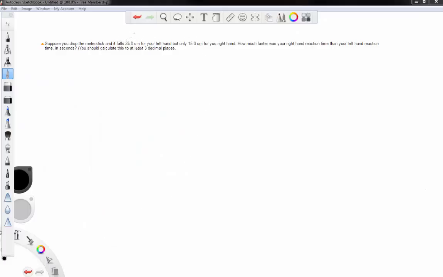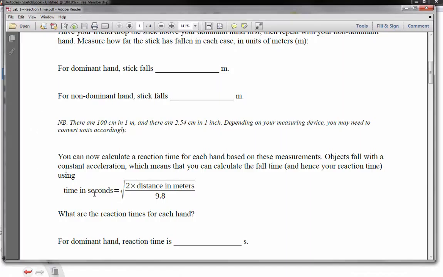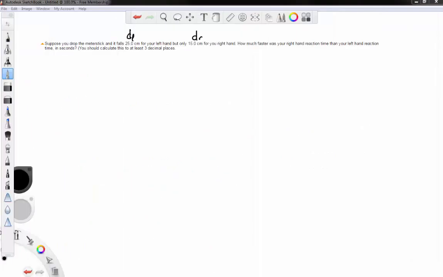All right, so I'm going to begin by giving labels to stuff. I'm going to call this the distance that it falls for the left hand, so dl. I'm going to call this the distance that it falls for the right hand, dr. And what we want is how much faster your right hand is than your left hand. So again, if we use the time formula that's given in your handout, time in seconds is the square root of 2 times distance in meters divided by 9.8.